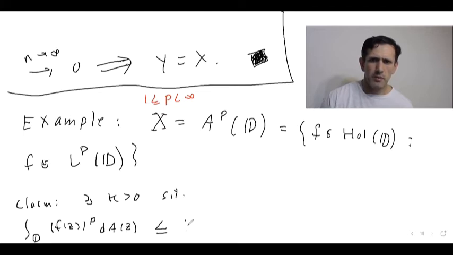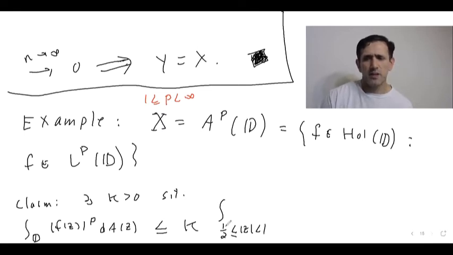This is less than or equal to K times, and nothing special about these numbers here, this is just an example, the integral over basically the annulus, inner radius 1/2, outer radius 1, of the same function.